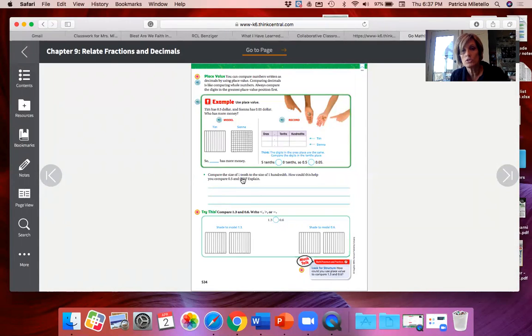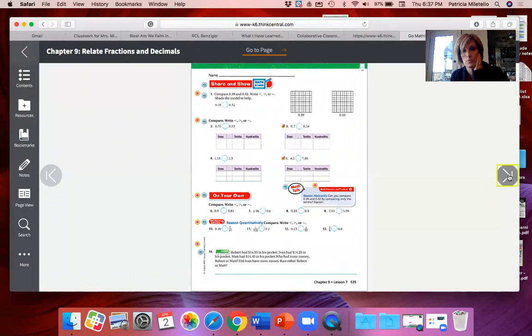So you can compare the size of 1/10 to 1/100th. So how could this help you compare 5/10 to 5/100ths? Explain. So you'd have 5 long bars colored in, only 5 little tiny squares colored in. That's what you're going to write here in words. And then comparing and doing those 2 problems right there.